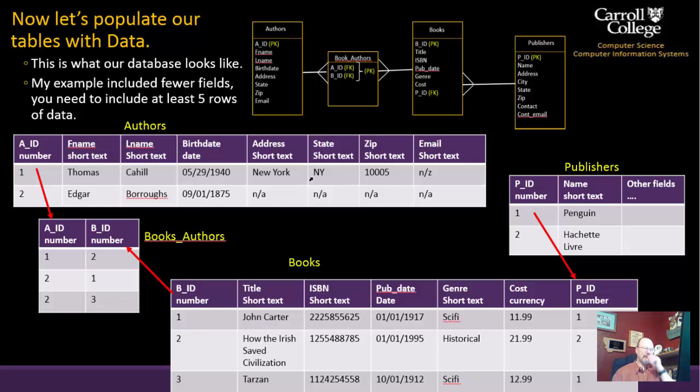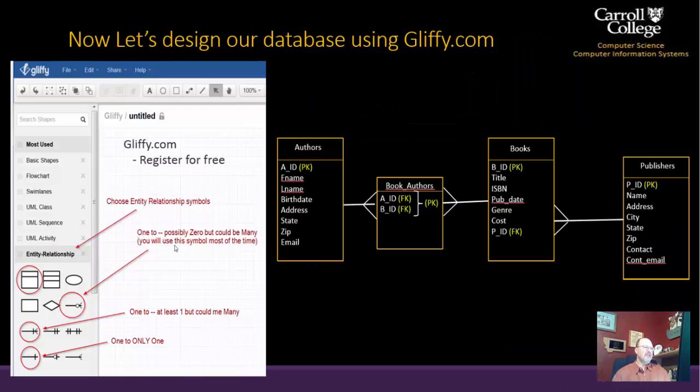What we're going to do at this point in time is go into Gliffy. Let's go over here, and we're going to go ahead and use Gliffy to design our database, or you can use any other application that you would like. You're going to use these main symbols. This is an entity relationship diagram symbol set. So this one is the table symbol, and then we have a 1 to 0 or many, and that we'll probably use most of the time.